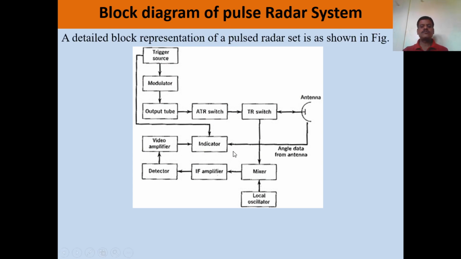In this figure, this is the transmitter, and the transmitter section has trigger source, modulator, output tube, ATR switch, TR switch, and this is the receiver part of the pulse radar system, and it has local oscillator, mixer, IF amplifier, detector, video amplifier, indicator.